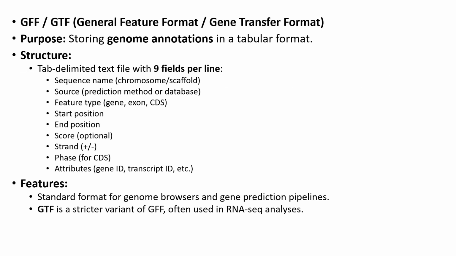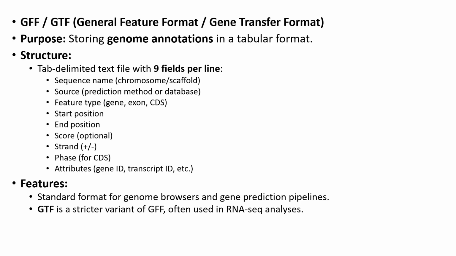Next, we have GFF, general feature format, and GTF, gene transfer format, storing genome annotations in a tabular format. In this format, we have a table which includes the sequence name, its source, meaning the prediction method or database, the feature type like gene, exon, or CDS, the start position, the end position, the score, which tells how similar or aligned it is, the strand, the phase for CDS, and attributes like gene ID and transcript ID.